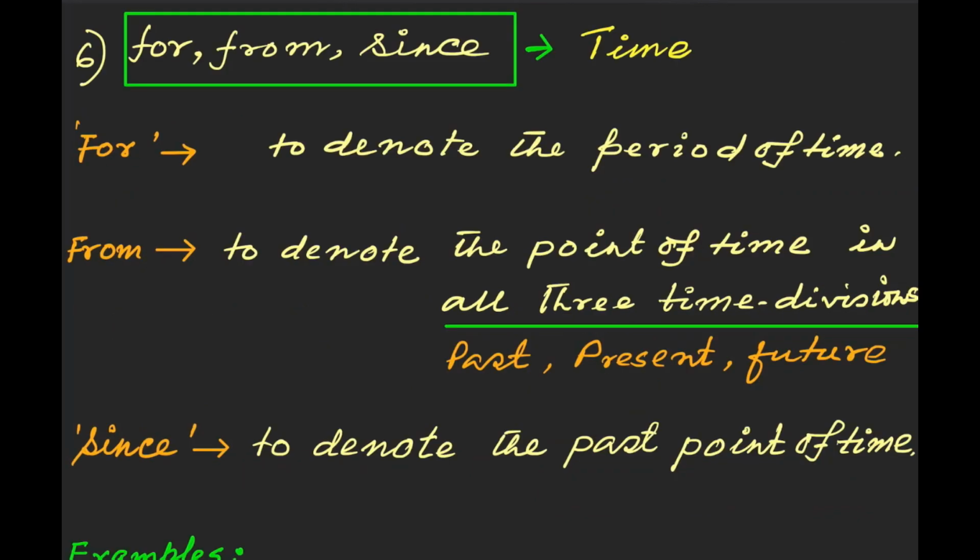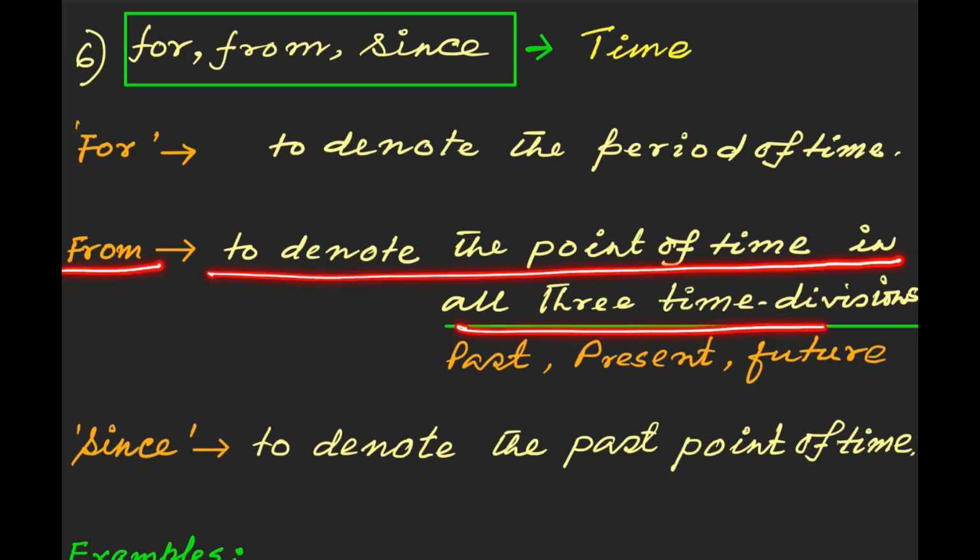Now we'll see how these 3 prepositions are correctly used to indicate time. For, from, since. For is used to denote the period of time. From is used to denote the point of time in all 3 time divisions: past, present, and future.